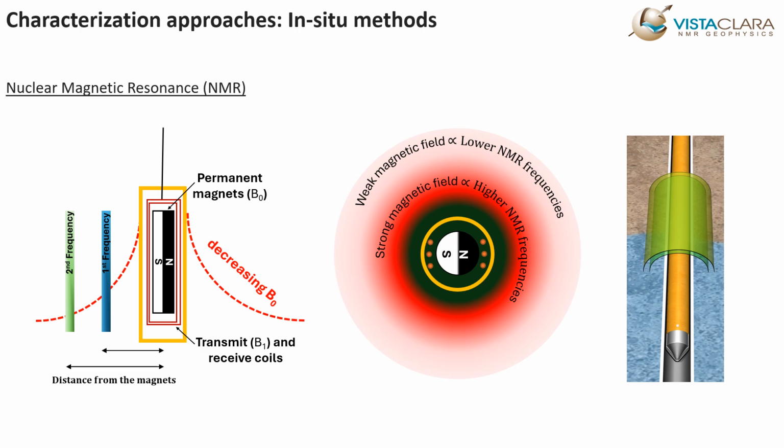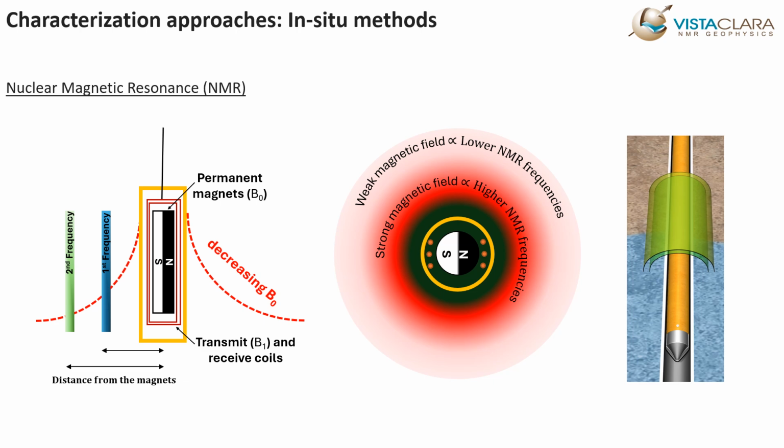Basically, the magnets of the NMR tool polarize the hydrogens in the formation, and the coils are used to excite the polarized spins from their equilibrium state, which is parallel to the main magnetic field. After the excitation pulse is turned off, the receive coils are used to detect the decaying NMR signal.